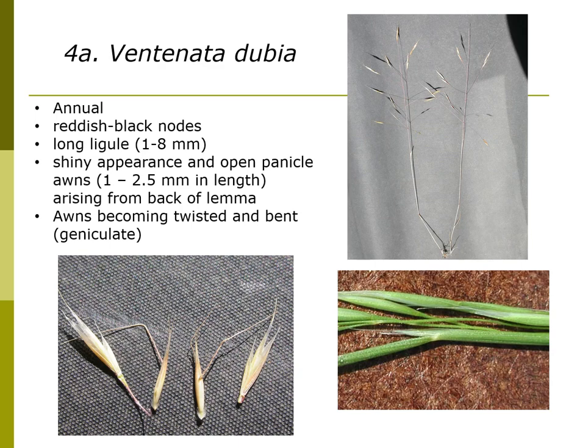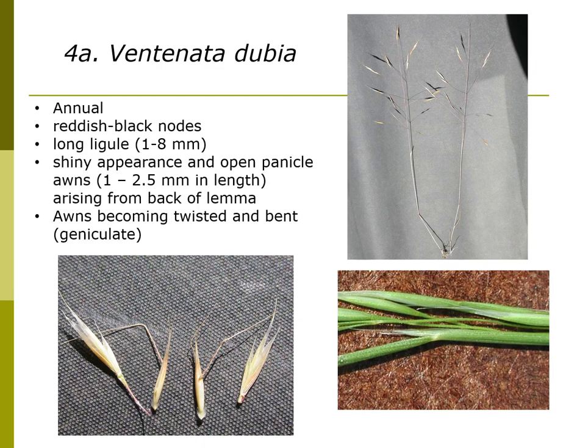This is an annual noxious weed. It's becoming more and more common throughout Idaho, probably making its way to Utah. You can see in the picture of the florets that it's got that awn arising from the back of the lemma, and it's got that twist in the middle. That's called a geniculate awn.